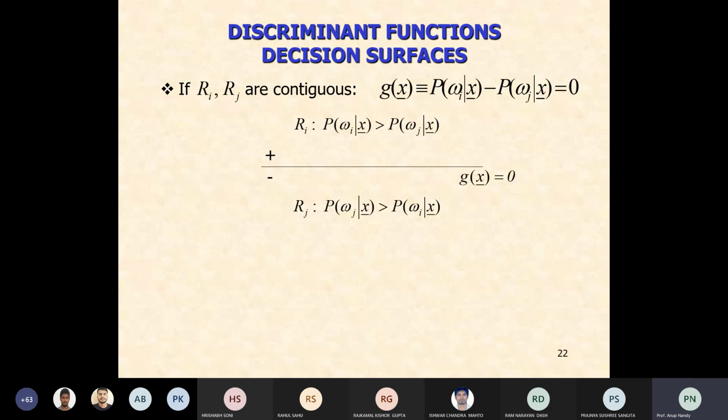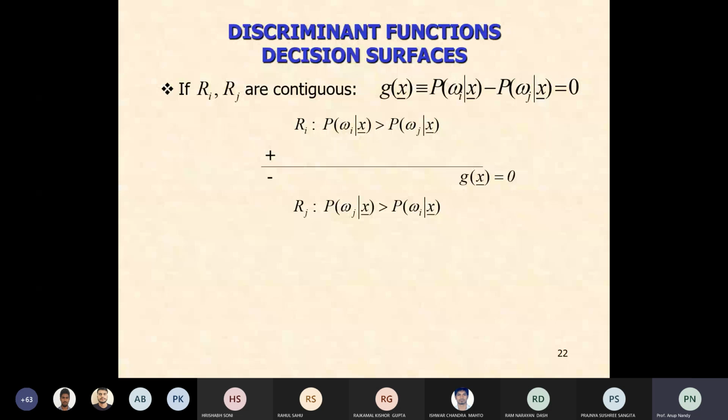So now next is called the discriminant functions. That is more important, something people are using. That is a discriminant function for the decision surfaces, and it is very much useful in the different cases that we need to see. Actually, if you have two contiguous regions Ri and Rj, I think you have understood the concept of contiguous regions, then you have a discriminant function g(x).